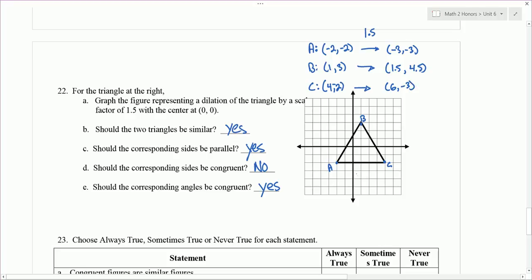So if I plot these points, negative 3, negative 3, 1.5, 4.5, and 6, negative 3. So you see, it's a larger triangle, but the sides are definitely parallel. And there we have it.